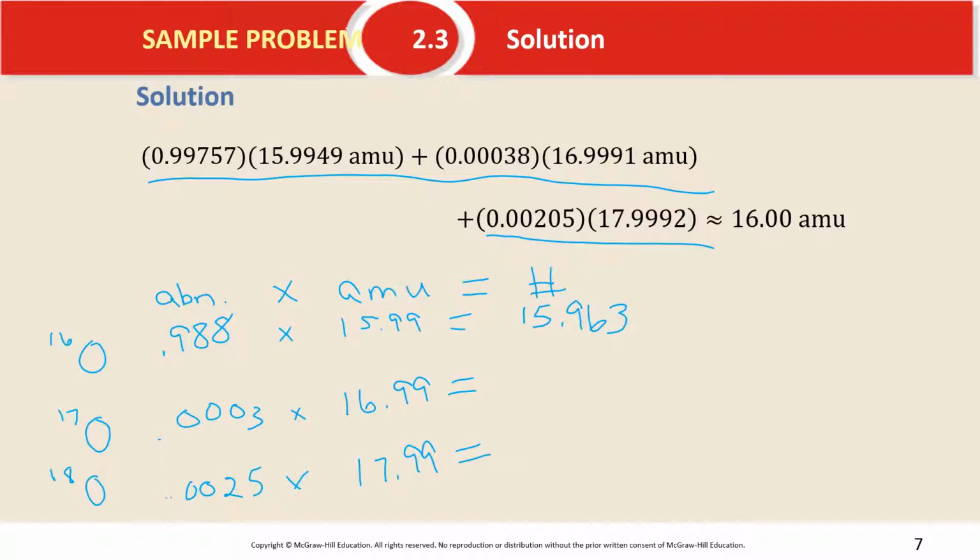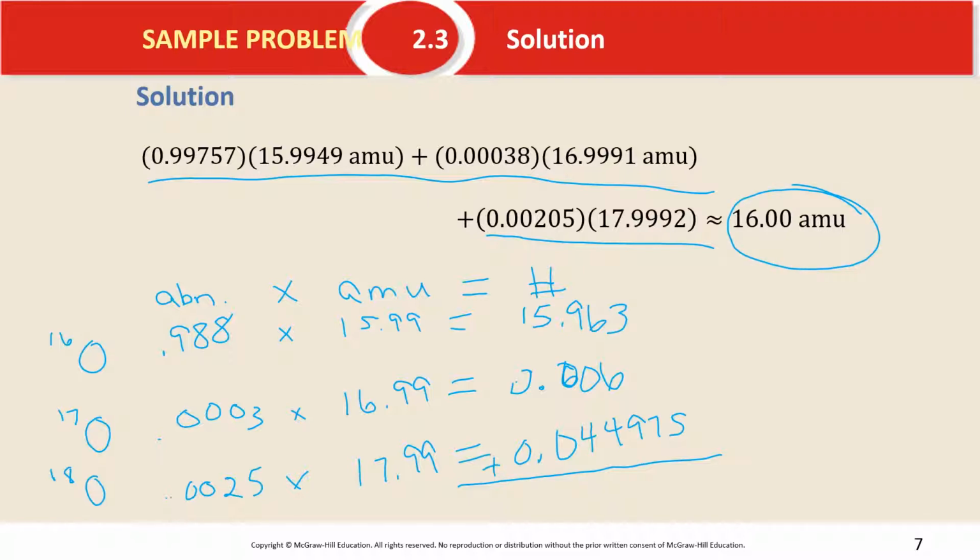Then we're going to take the second one, 0.00038 times 16.9991, and we get 0.006. And then the last one is 0.0368. If you were to just add all these together, you're going to actually get 15.9954-ish. And we round that up to 16.